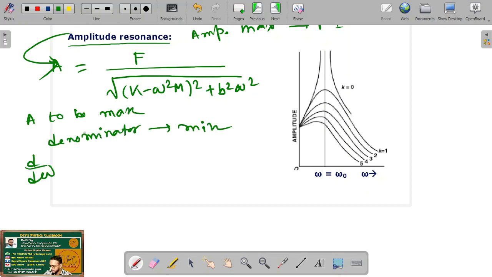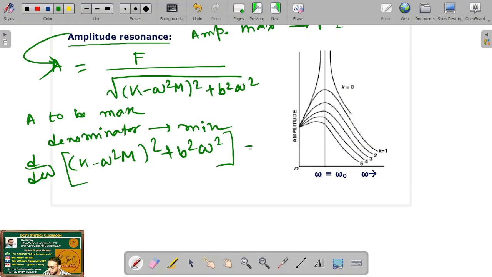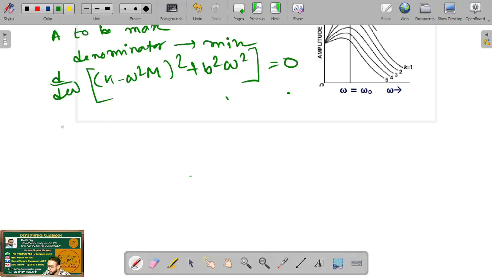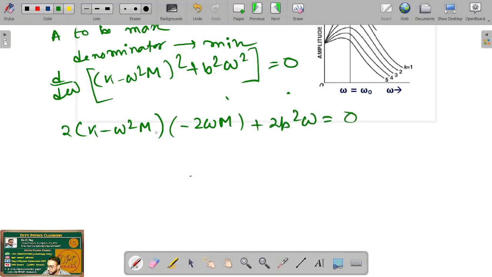To find the denominator minimum, we have to differentiate the denominator, that is d/d omega of (k minus omega square m) whole square plus b square omega square. That should be 0. So we get 2(k minus omega square m) into (minus 2 omega m) plus 2 b square omega equals 0, or these 2 cancel out and also this omega cancels out.